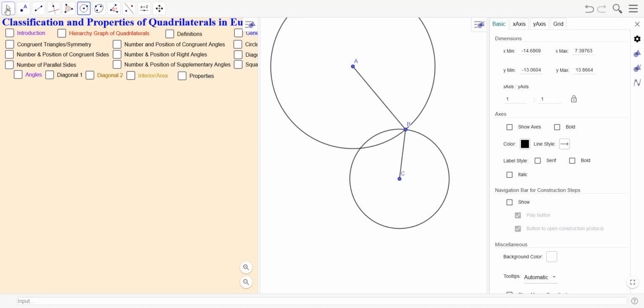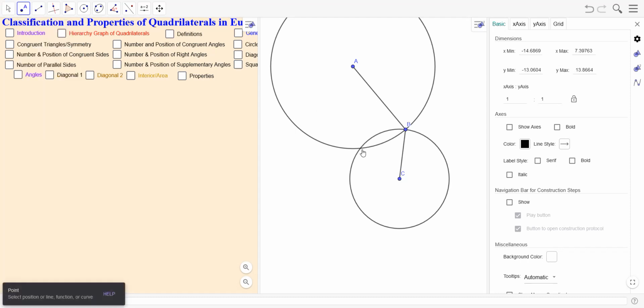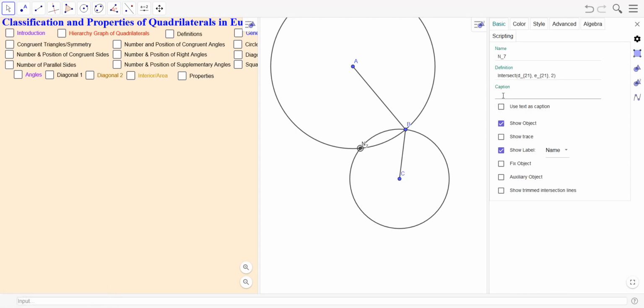Well, of course, those are going to meet at point B. And then the other point where they meet is over here, like this. Let's name that point, or at least label it, as D. And so there's our final point.